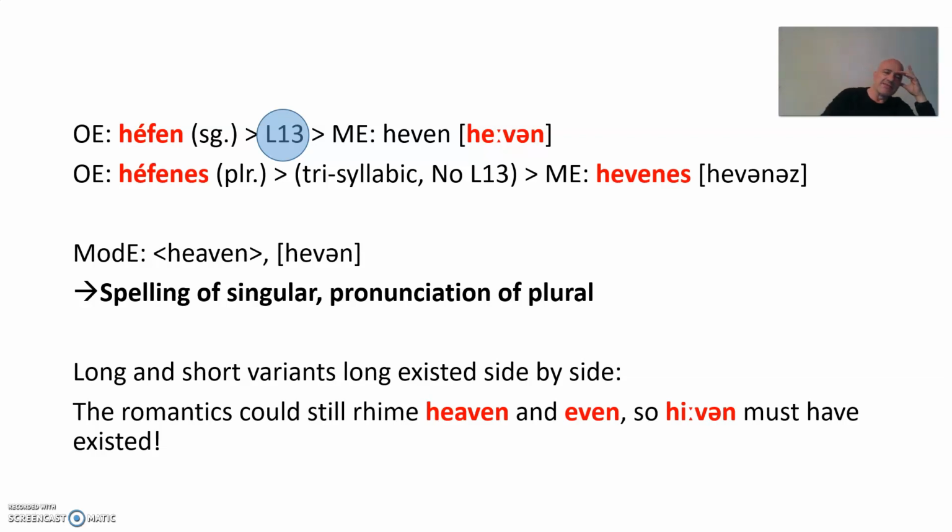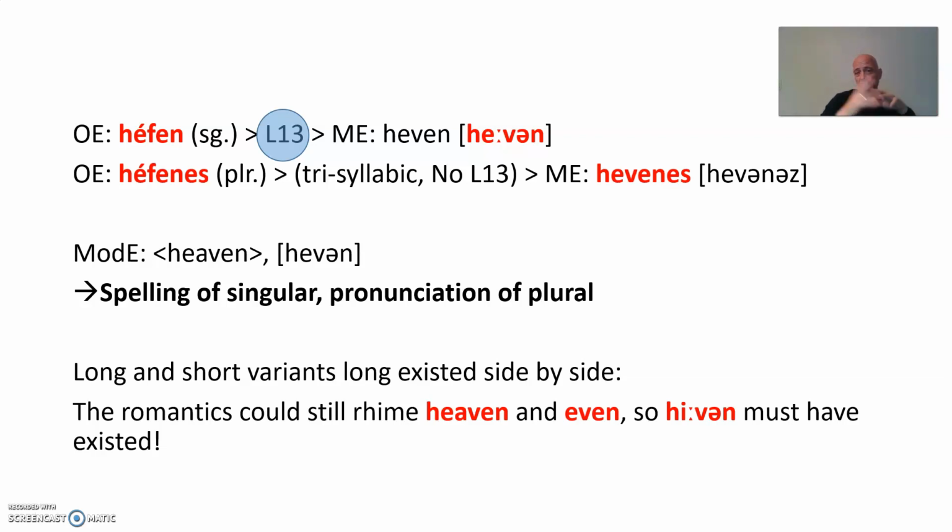No, it's not heaven. What happened? What happened? And that's all due to that. There is a plural also of heaven, which is heofones, and it's trisyllabic. Three syllables, and therefore no L13 applies.